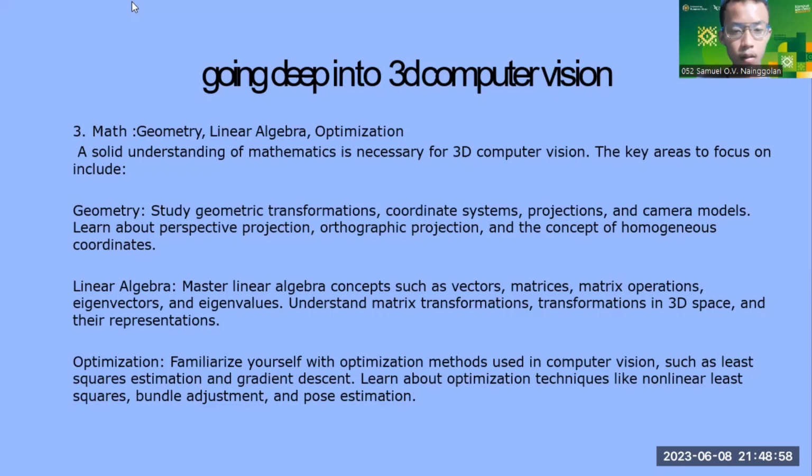Third, optimization. Familiarize yourself with optimization methods used in computer vision, such as least squares estimation and gradient descent. Learn about optimization techniques like nonlinear least squares, bundle adjustment, and pose estimation.